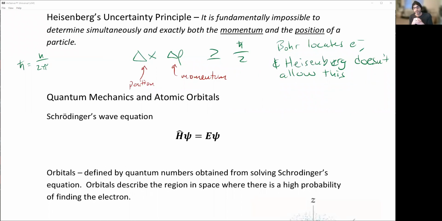The Schrödinger wave equation combines de Broglie's hypothesis, where an electron acts like a wave, and represents the probability of finding an electron, instead of identifying where the electron is. It also includes Heisenberg's uncertainty principle.